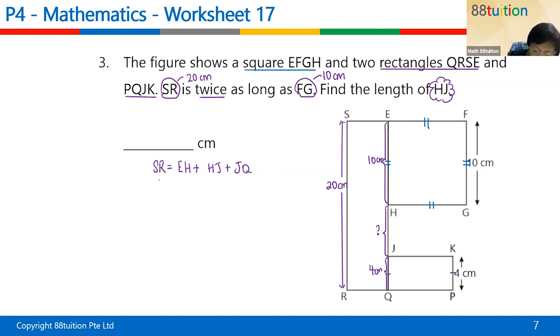All right, so my SR is 20, my EH is 10. Okay, let's do this. So EH 10 plus 4, what is 10 plus 4? Equals to 14. And I use my 20 to minus my 14. I get that to 6 cm.